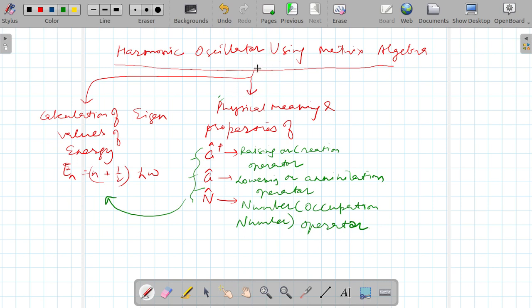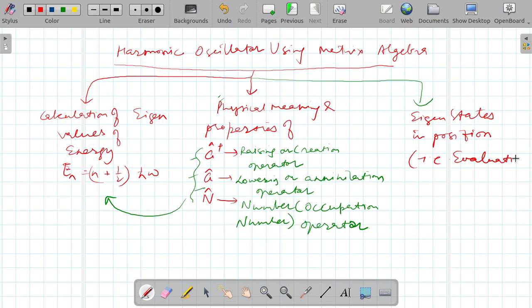And in the third part, I am going to talk about eigenstates of energy, or eigenstates in position space, or in other words, the evaluation of the wave function for different states.